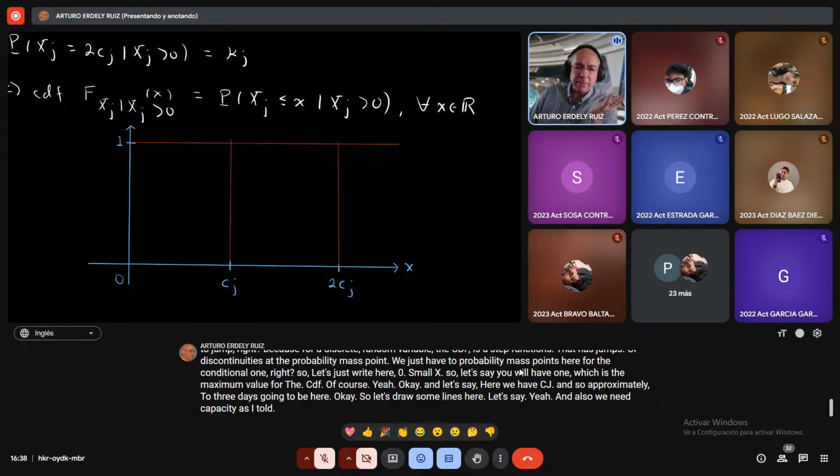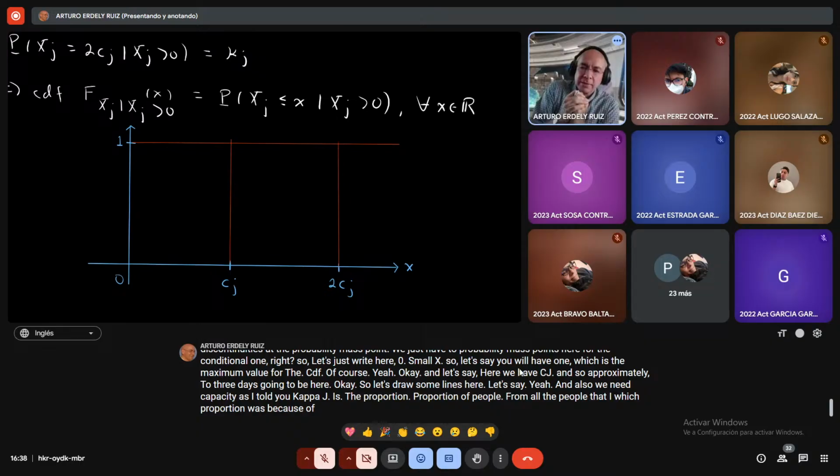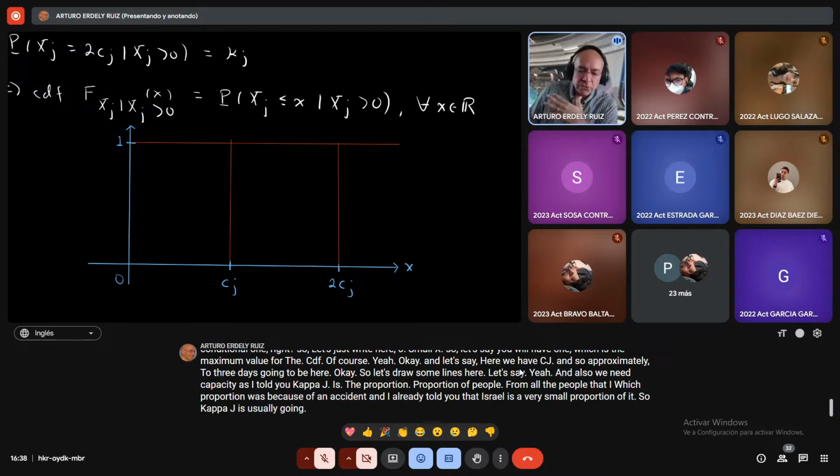As I told you, kappa J is the proportion, from all the people that die, of which proportion was because of an accident. And I already told you that usually it's a very small proportion. So kappa J is usually going to be closer to 0 than to 1.